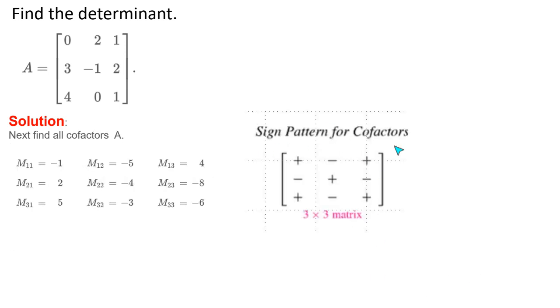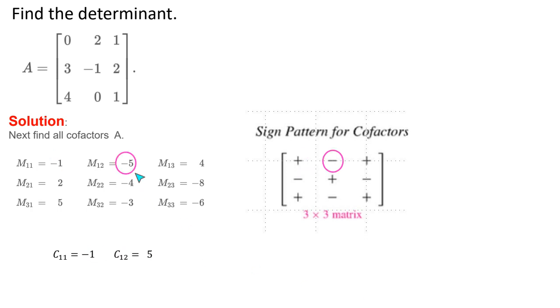we're going to take those minors and look for the patterns. Our matrix is a 3 by 3, so this would be our pattern. You take the minor, and if you notice here, the minor is -1, and we have a positive. So -1 times a positive is going to be negative. So we still keep -1.